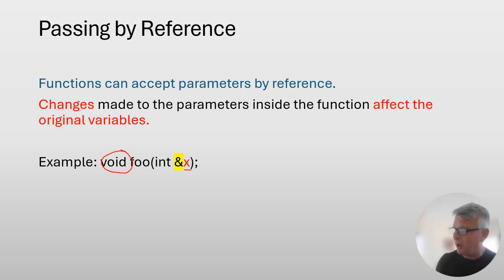So if I pass num into here, what am I doing? I'm getting an alias. I'm not creating a new variable. I'm going to the memory address. And then I can just say x equals 10,000. Now, when I go back into my main, num is going to be 10,000.